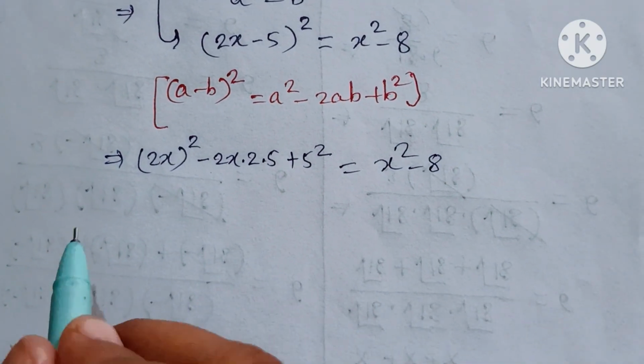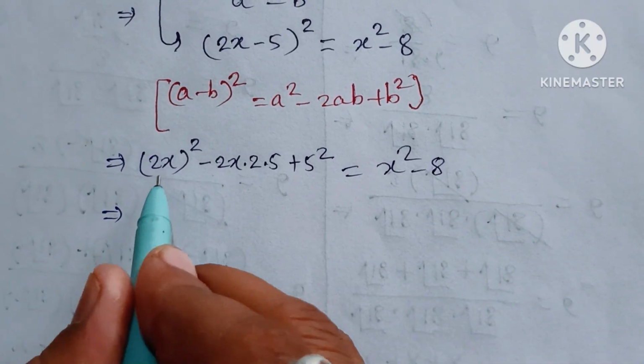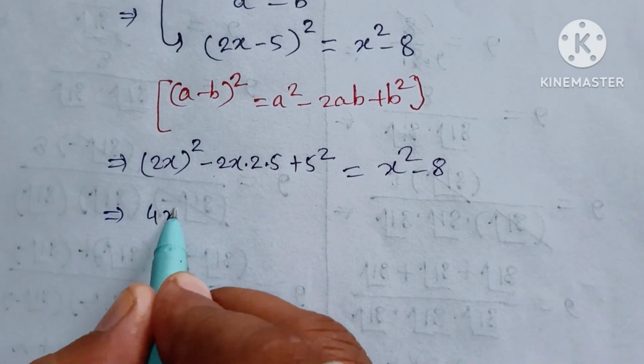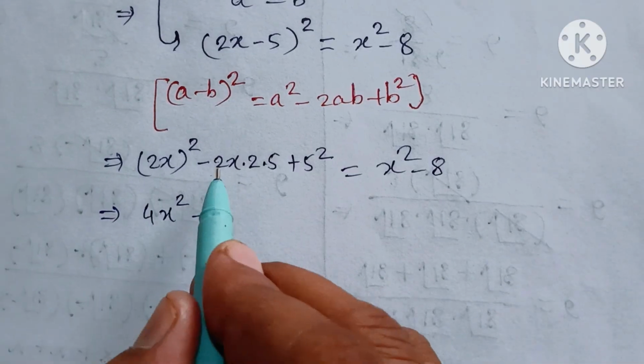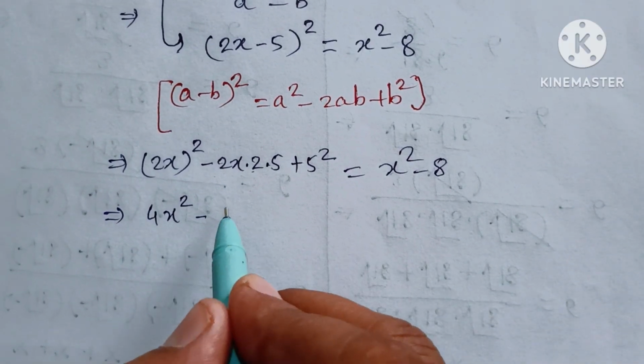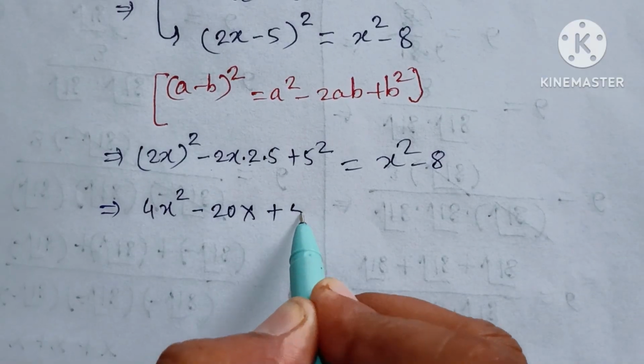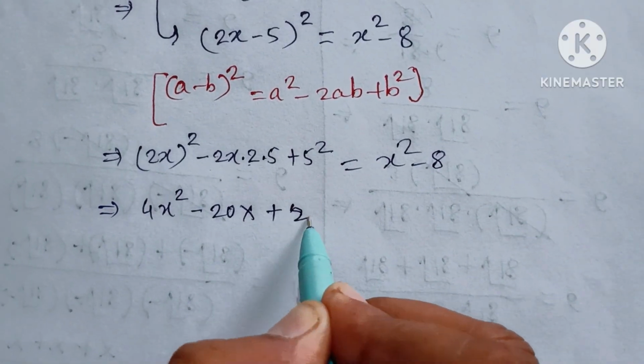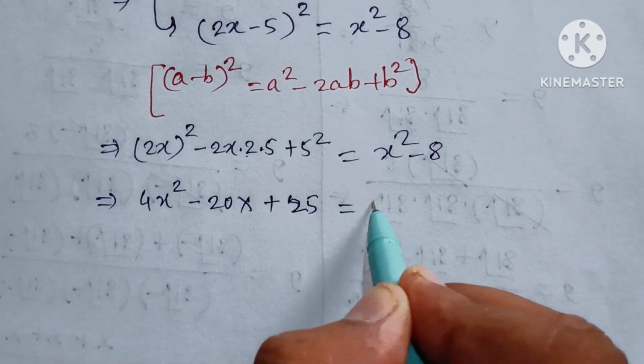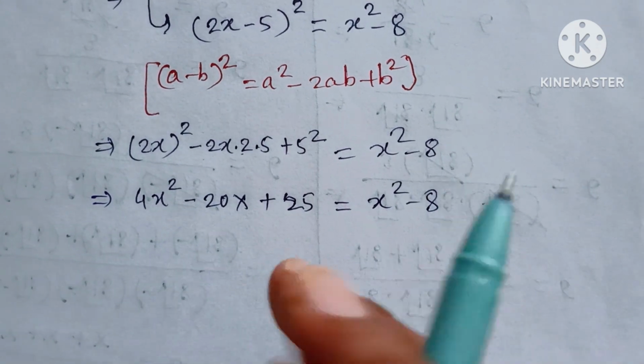Now 2 square is 4, so 4x square minus 4 into 5 is 20x plus 5 square is 25, equal to x square minus 8.